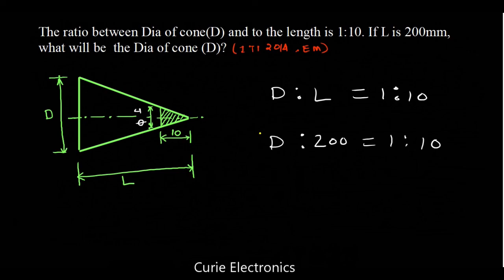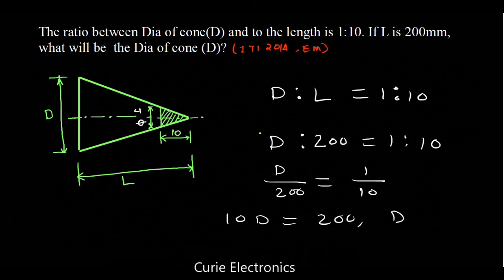Now what will you do? Write in the form of a fraction. D upon 200 equals 1/10. So cross multiplying, 10D equal to 200. So D equal to what? 200 upon 10, very simple, equal to 20. So 20 is the answer. I forgot to write the options. So the answer is equal to 20.